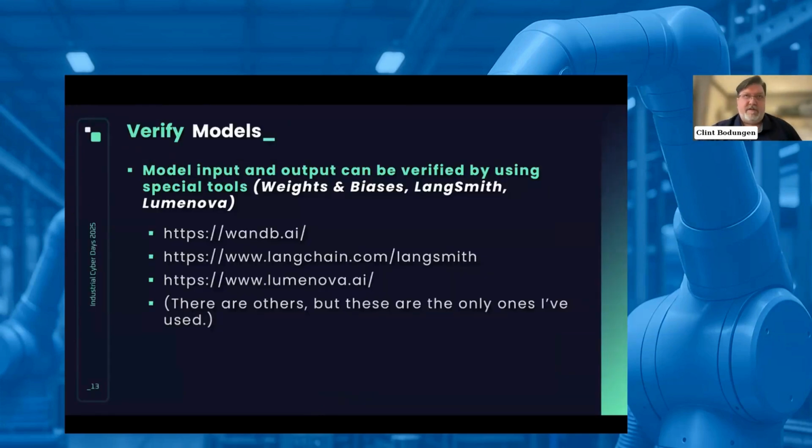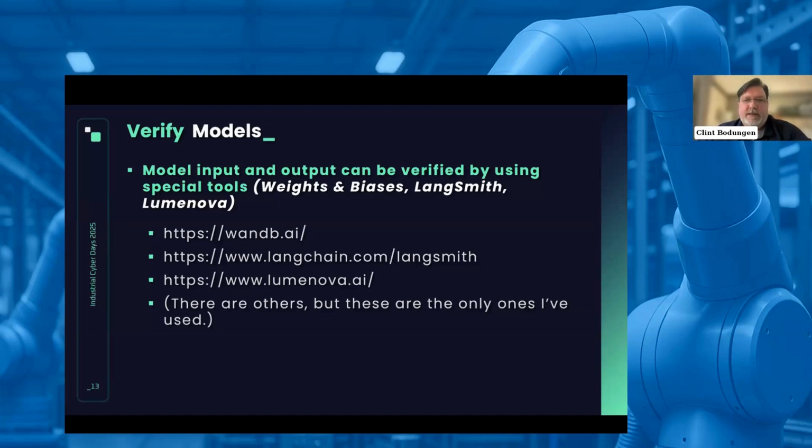You'd also want to verify the models, and there are several tools out there that let you look and see exactly what the input and the output is. You can see exactly what the prompt is and how it's analyzing it. There are several tools like Weights and Biases, LangSmith, Luminova.